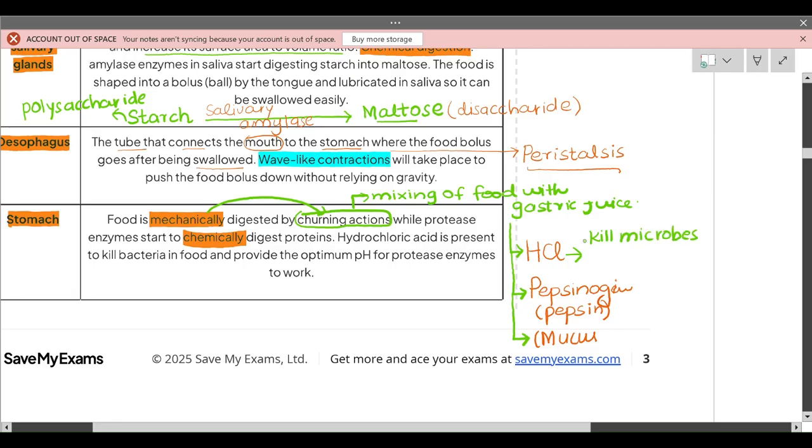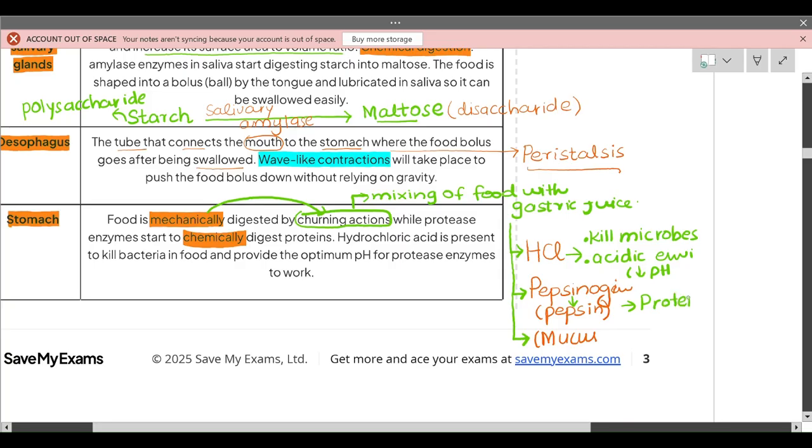Besides this, it also creates an acidic environment by decreasing the pH. Once the pH has decreased, pepsinogen can be converted into pepsin, and now it can act on the proteins, right?